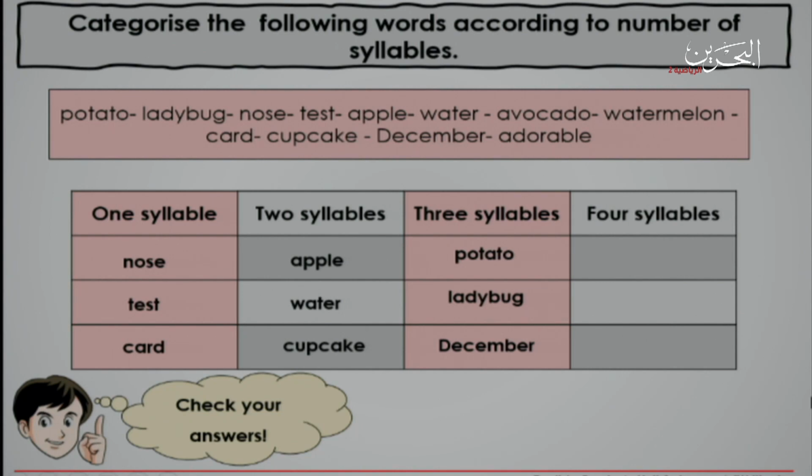Now, four syllables. Are you ready? Avocado, watermelon, adorable. How many times? Four syllables.